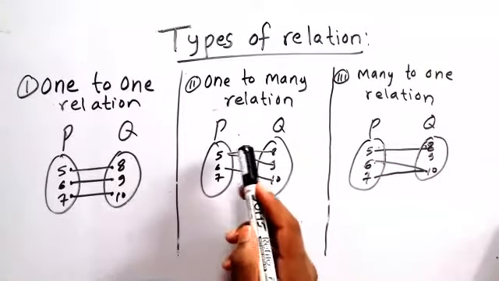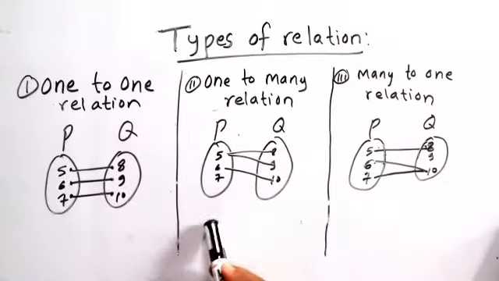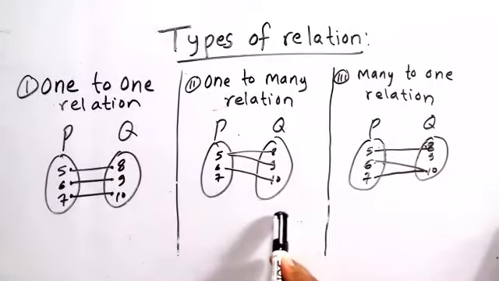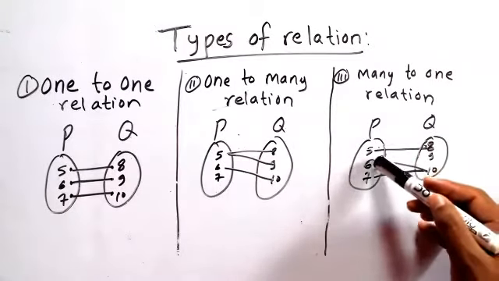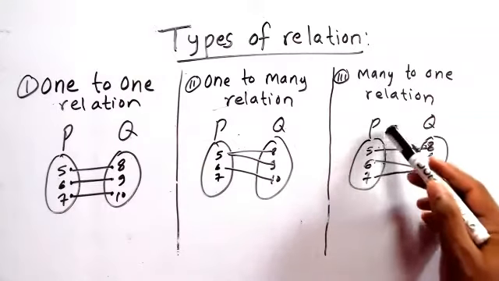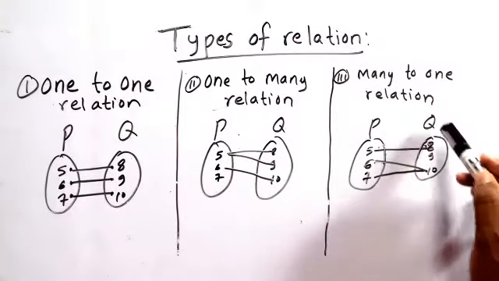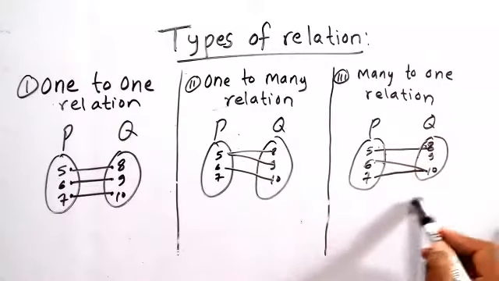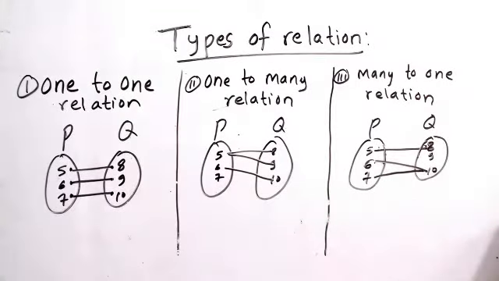That is, here the relation is 1 to many. In this, two different elements of set P map with the same element 10 of set Q. So this is many-to-one relation. I hope you have understood clearly about the different types of relation.